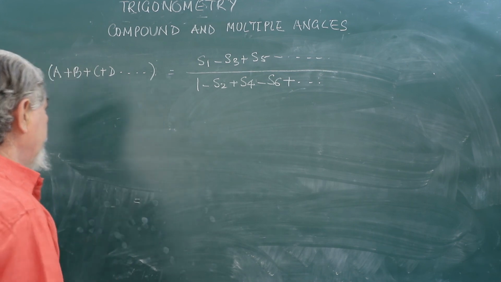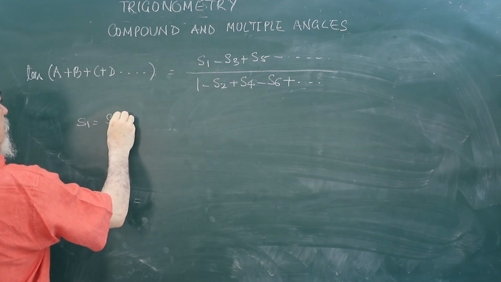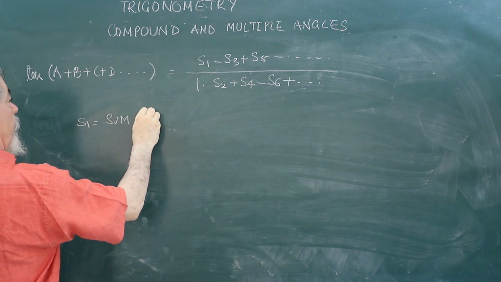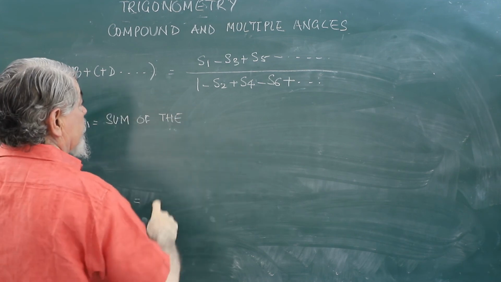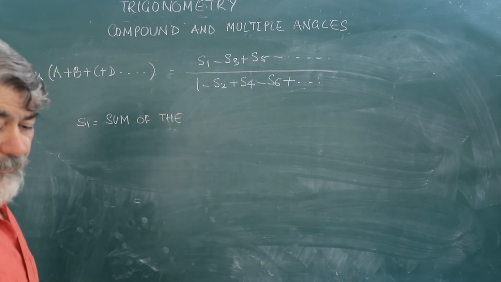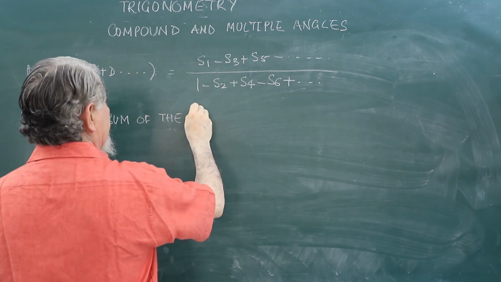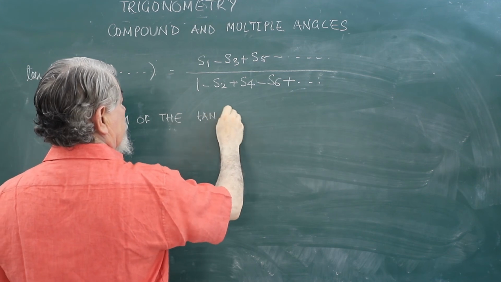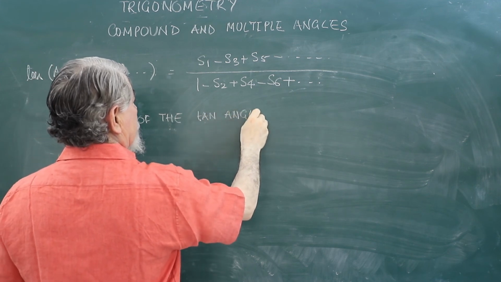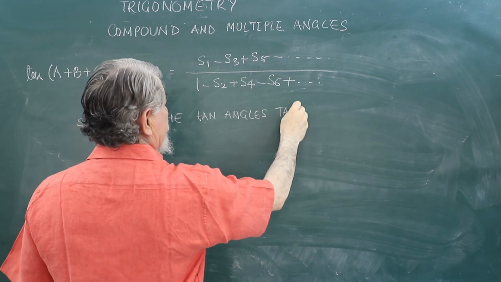What is S1? S1 is the sum of the tangents taken one at a time. Sum of tangent of the angles taken one at a time.